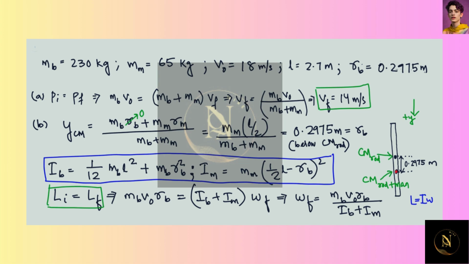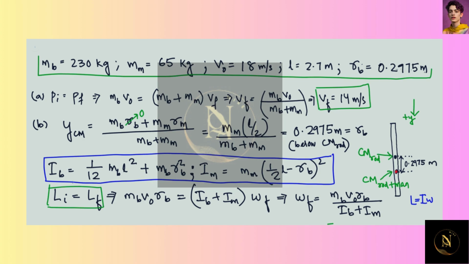The next thing we do is find I_B using the values that are listed here. So basically all the values that you need are listed over here. And you do the same to find the moment of inertia of the man using the values over here.